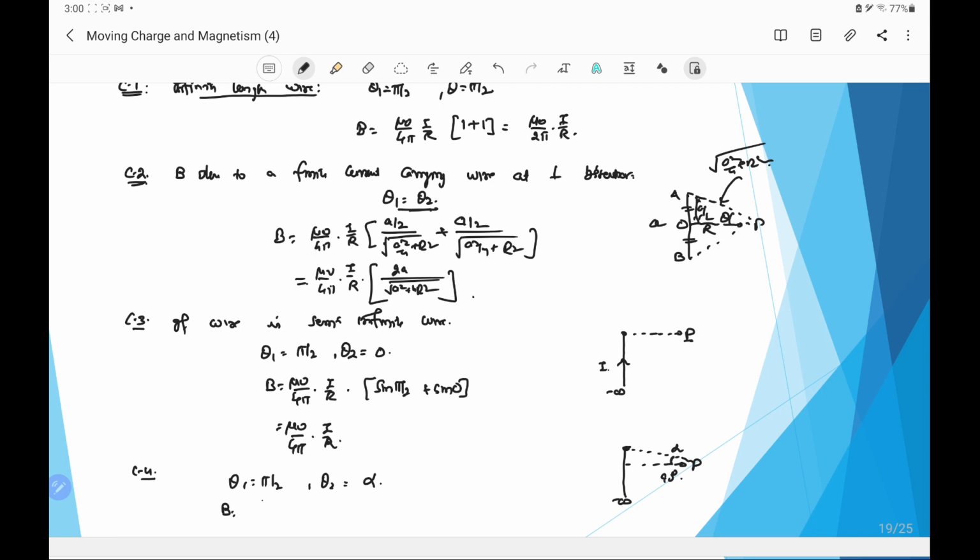Therefore B will be equal to mu naught by 4 pi I by r into sine theta 1, that is sine 90 degrees plus sine alpha, or we can write it as mu naught by 4 pi into I by r into 1 plus sine alpha. So using these special cases, we can solve problems related to the current carrying straight wire.